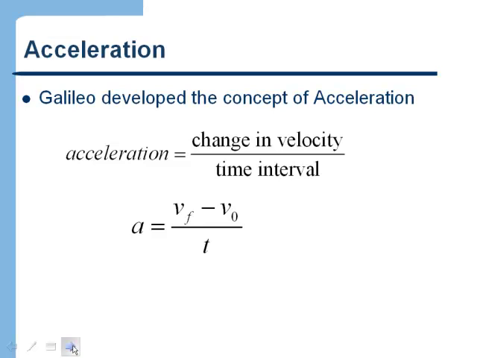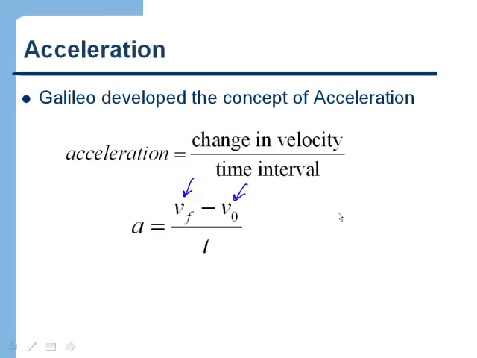Let's take a look at the formula for this. You'll notice that it's the change in velocity. So that just means I take the final velocity and subtract the initial velocity, and that would be the change, and then divide by how much time it took to occur.